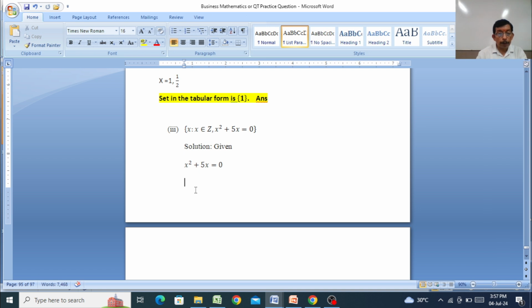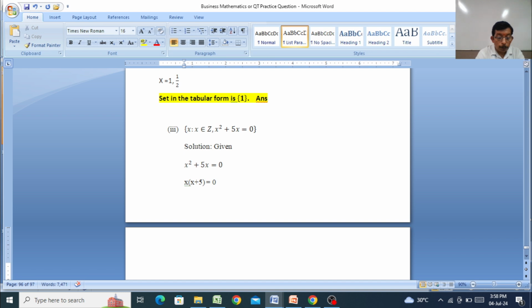Now simplify, taking x common from both terms, x is common, in the bracket remaining x plus 5, bracket close, is equal to 0.